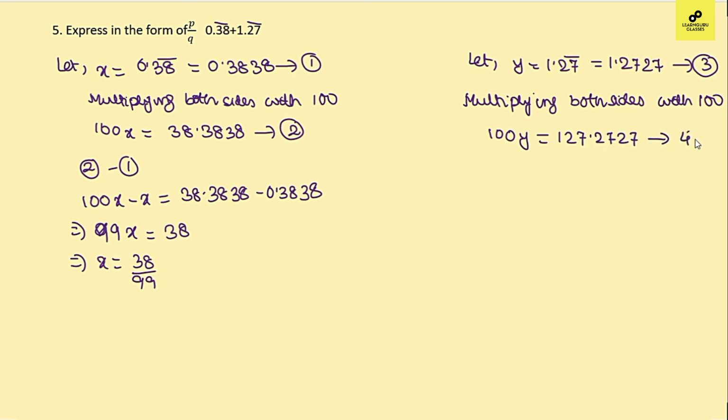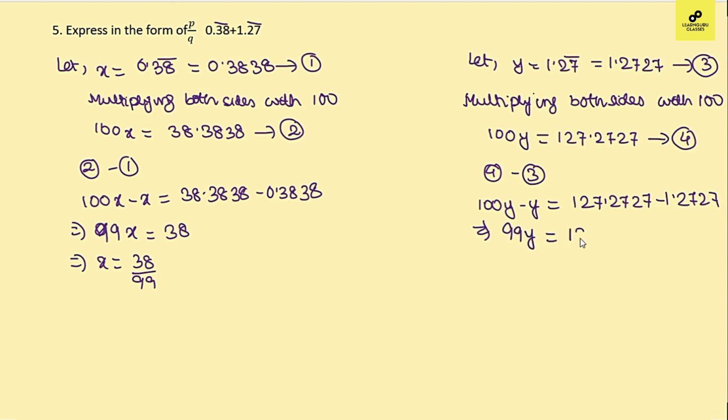This is equation 4. So 4 minus 3, 100y minus y, 127.2727 minus 1.2727. So this is 99y and this is 126. So y equals 126 by 99.